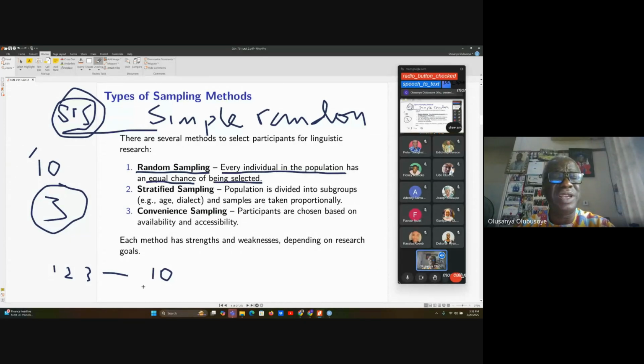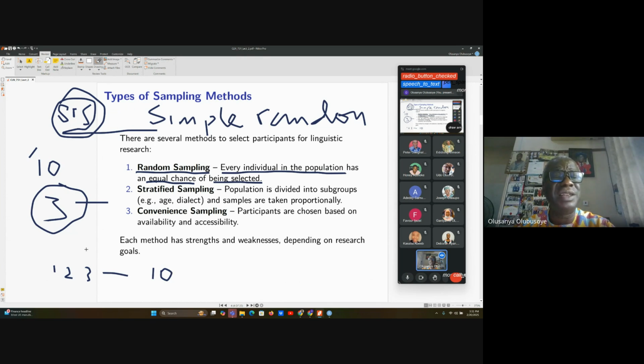Then you ask your phone or any device, even your computer, to randomly generate 3 numbers between 1 and 10.